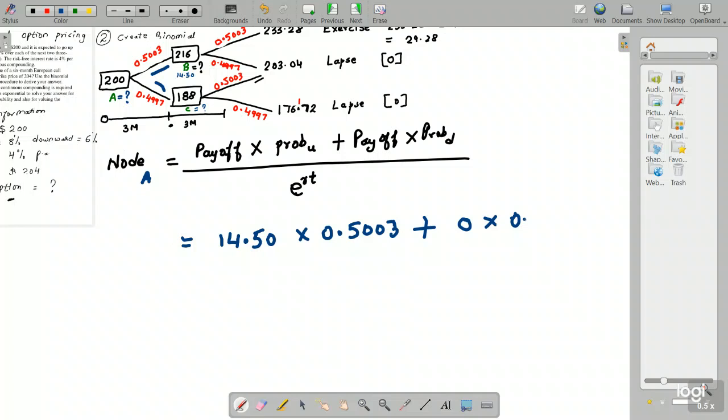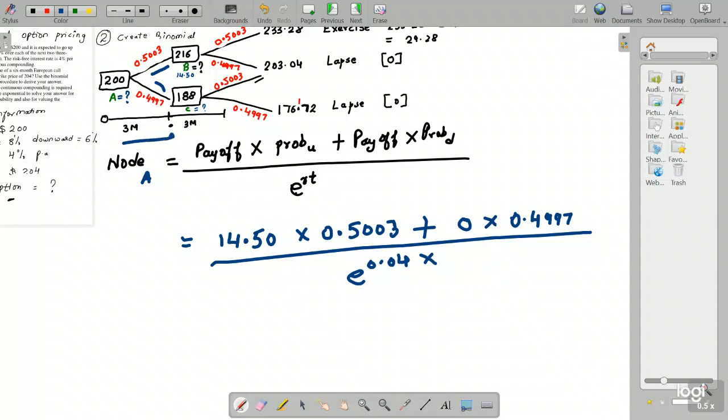You will come to know about it only when we solve one such question where you will see that we will use this also. By that time, please ignore. And then down is e to the power 0.04. And how much is the time this time? I'm moving from this to this. So this means 3/12, right?